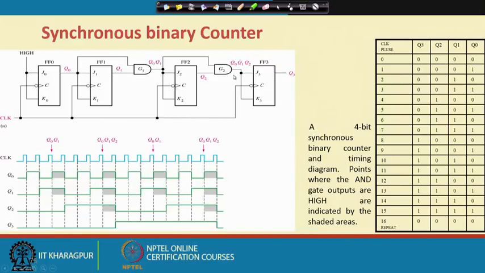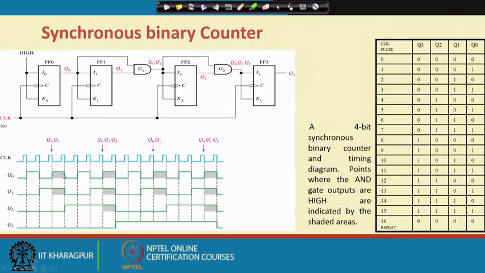Here it is shown: we have this 4-bit synchronous counter, and G1 is feeding flip flop 2 by ANDing Q0 and Q1, then G2 is feeding flip flop 3 via ANDing of Q0 and Q1 with Q2. A 4-bit synchronous binary counter and its timing diagram have been shown.